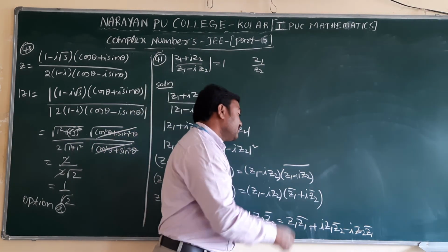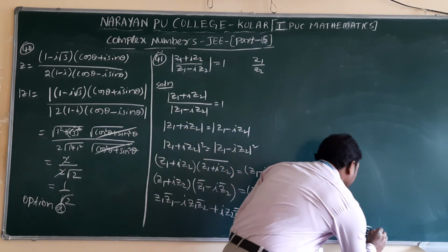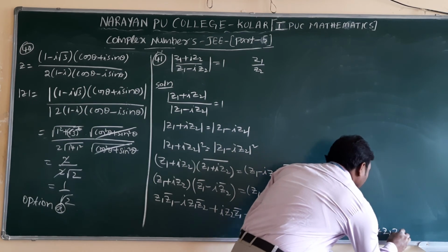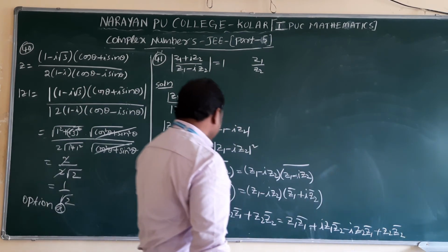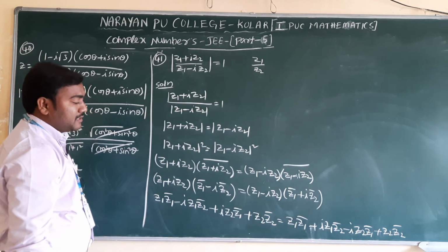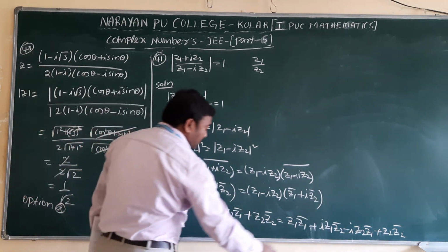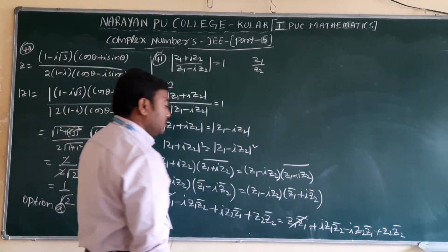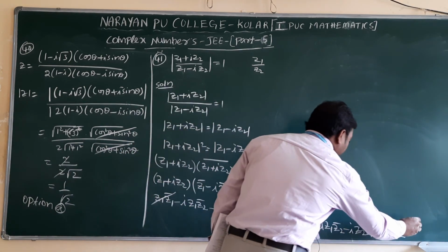So minus of i square value plus 1 can add directly z2 into z2 bar. We have to cancel some terms, LHS and RHS. Here z1 into z1 bar gets cancelled, again z2 into z2 bar will get cancelled.